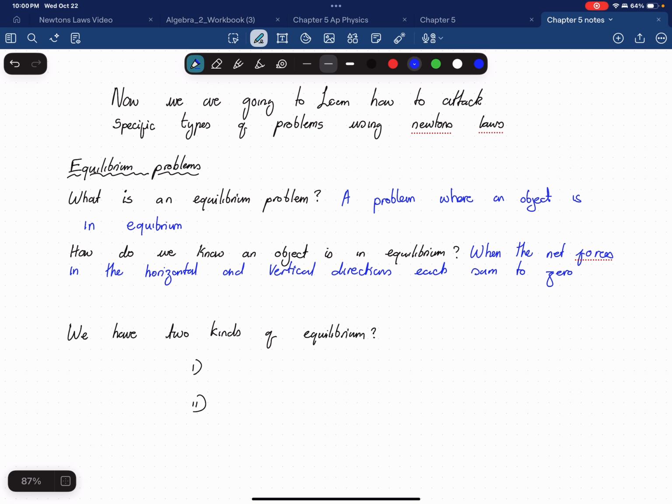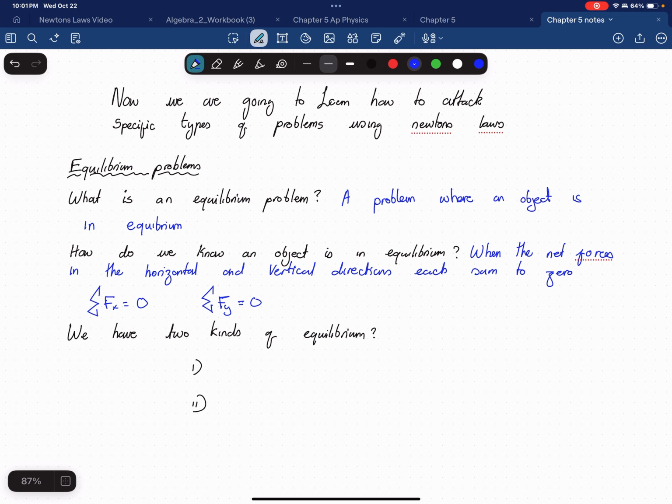What this means basically is that the sum of forces in the x direction is going to be 0, and the sum of forces in the y direction is going to be 0. This makes our algebra a lot easier.